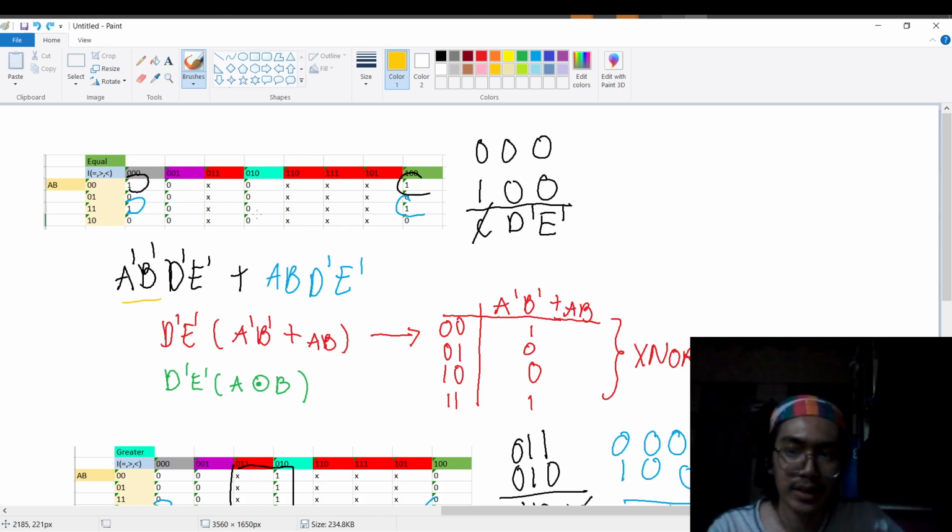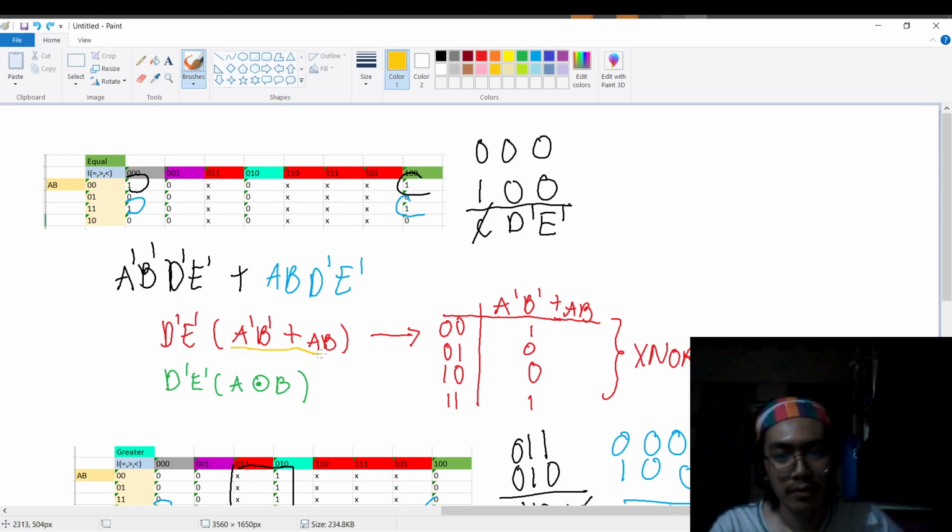And looking at this group for the sky blue, as you can see, we did not really change the columns, so we just copy the D prime, E prime. But since the input for AB is different, we just convert the 1, 1 into its literal form, which is A, B. And then we can factor out the D prime, E prime right here.